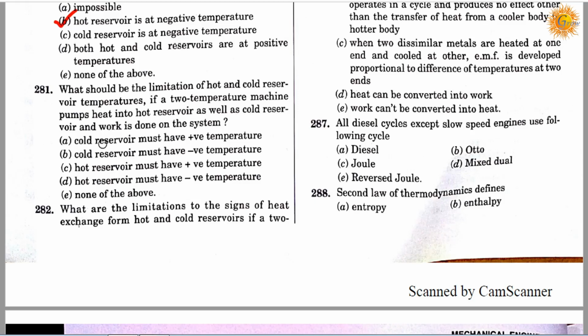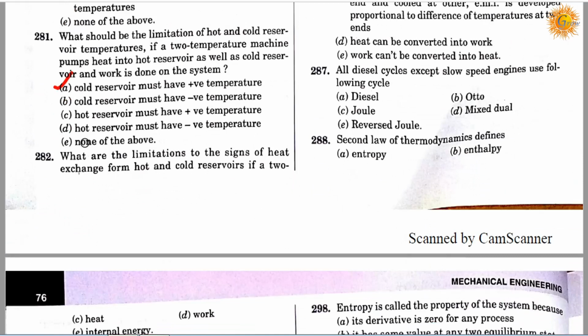Option A, cold reservoir must have positive temperature. Option B, cold reservoir must have negative temperature. Option C, hot reservoir must have positive temperature. Option D, hot reservoir must have negative temperature. Option E, none of the above. Correct answer is A. Cold reservoir must have positive temperature.